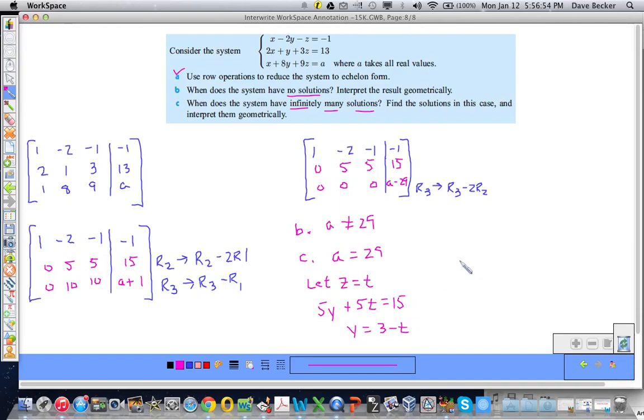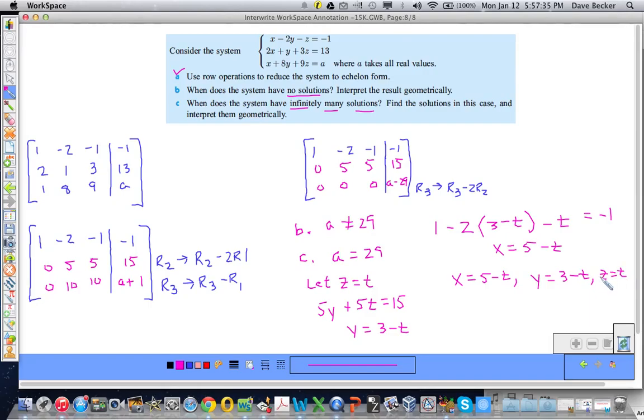And then in row 1, we would have 1 minus 2 times, we know that y is 3 minus t, minus 1 times z, and z is t, so that's minus t, and that is going to be equal to negative 1. And so we would get x equals 5 minus t. Okay. So we have infinitely many solutions in the form x equals 5 minus t, y equals 3 minus t, and z equals t.